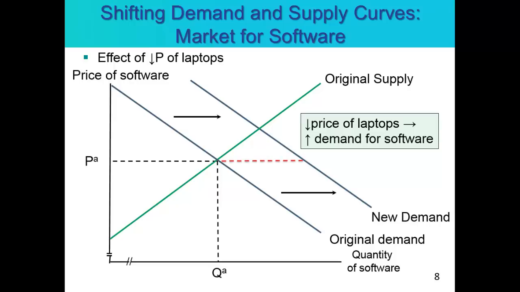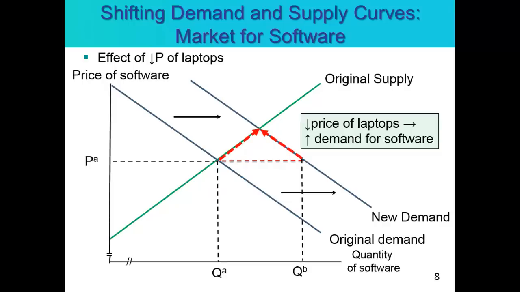At the original price, we're going to have a shortage. At the original price, the quantity demanded exceeds the quantity supplied, and that's shown as the line segment QA, QB. With the shortage, it's the buyers who start to compete against each other, driving prices up. As the price rises, you move along the demand curve.